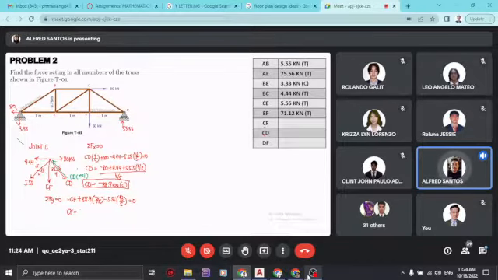Lipat ko lang sa kabila yung CF para maging positive siya. And then this is your CF. So your CF is 50.01 or 50.